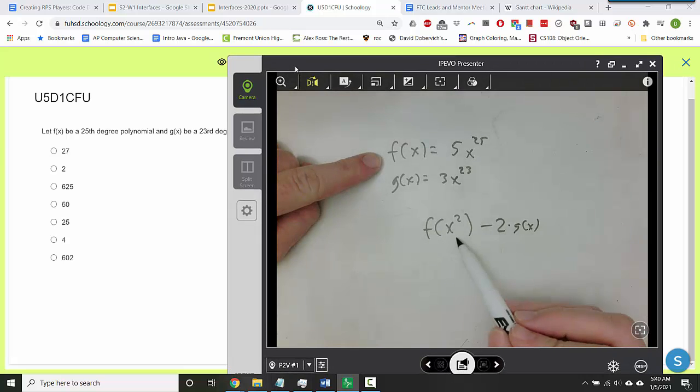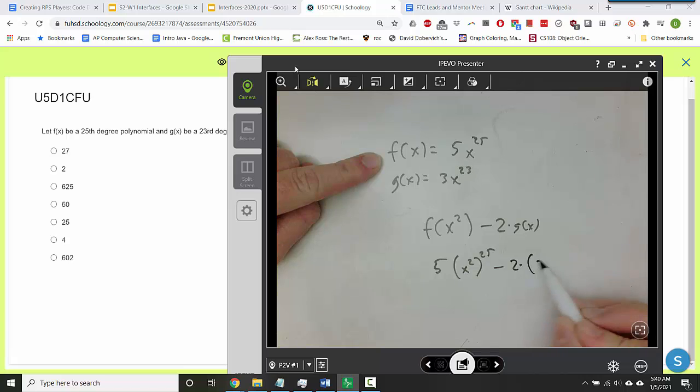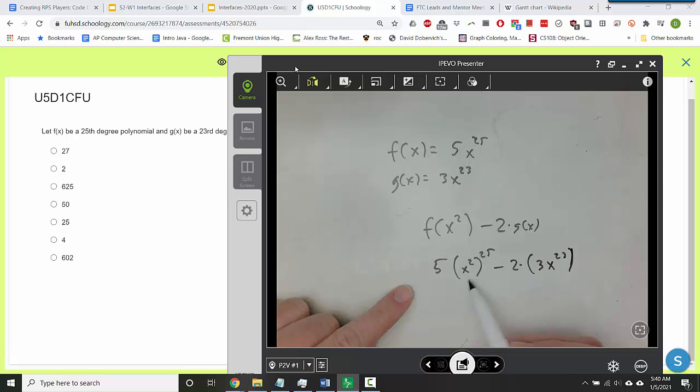If I substitute that in for f, I've got 5 times x squared to the 25th power minus 2 times 3x to the 23rd. When I simplify this, this becomes x to the 50th because of the exponent simplification rules. This is now 6 times x to the 23rd.